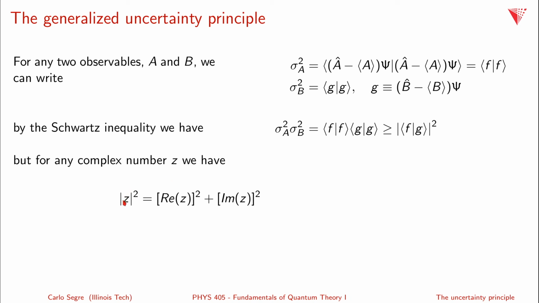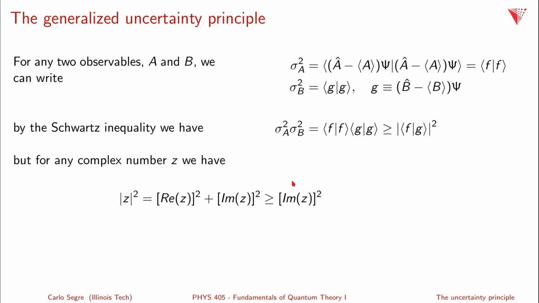Let's recall that for any complex number z, the modulus of z squared is equal to the real part of z squared plus the imaginary part of z squared, and this must always be greater than or equal to the imaginary part of z squared, because if the real part is 0, then it's equal, and if the real part is non-zero, then you'll always have this bigger than the imaginary part of z squared.